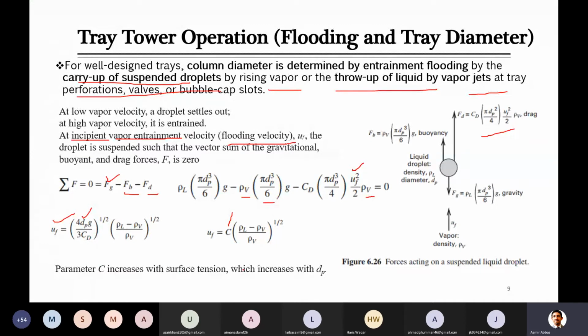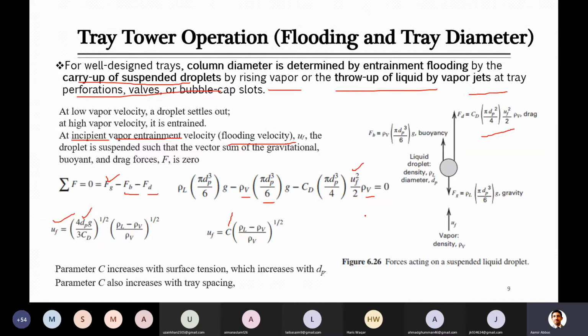One important thing here: if we want to measure C, it is difficult to measure the diameter of the particles which are being carried with the vapors. So scientists started looking for some other parameter with which they can evaluate this C, instead of going for this, because on the surface of the tray when the vapor starts carrying the liquid, measuring the diameter of those liquid droplets being carried is not an easy task.